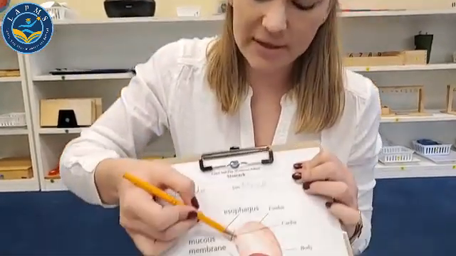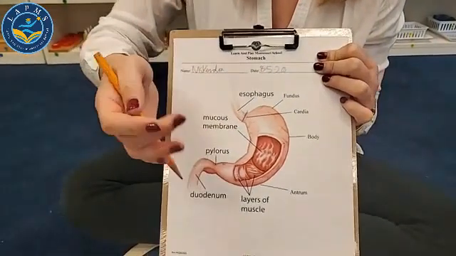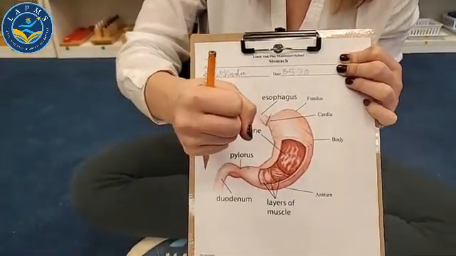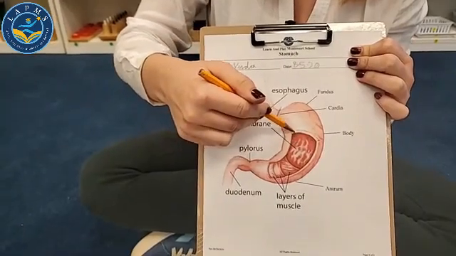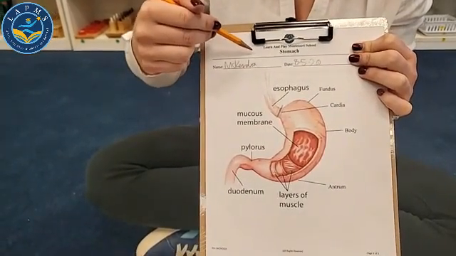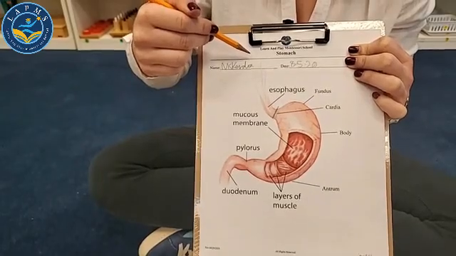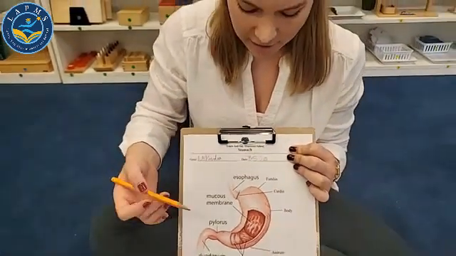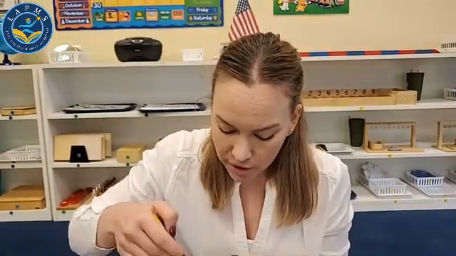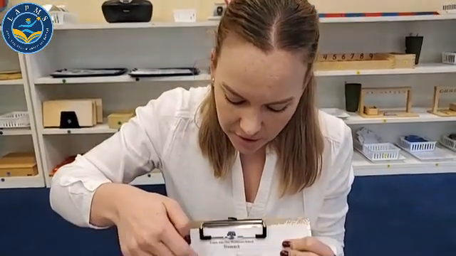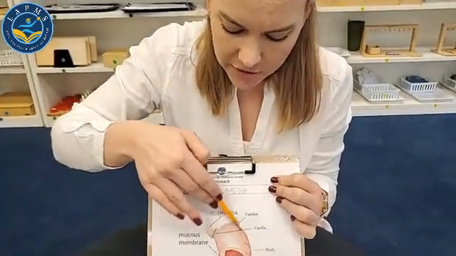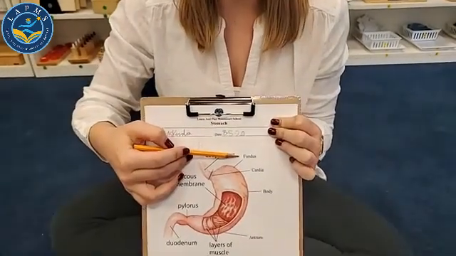It's also known as the esophageal sphincter. This is a little spot at the end of the esophagus, at the beginning of the stomach, that is like a little bit closed so that the food doesn't go backwards. Okay? And then going more into the stomach, up here, the top part is called the fundus.